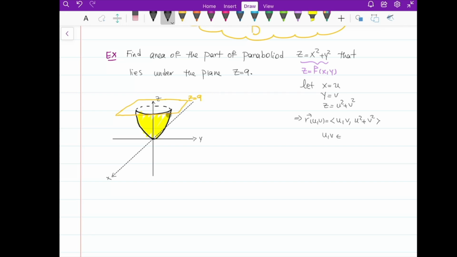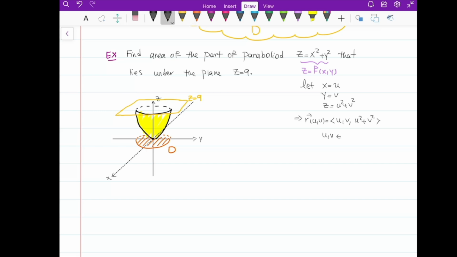Actually, the parameters u and v are on the projection of the intersection on the xy-plane, basically here. If you stand up here and look at this part of the paraboloid, you will see a circle, basically a disk, in here. That's the region D. How can I find the region D?